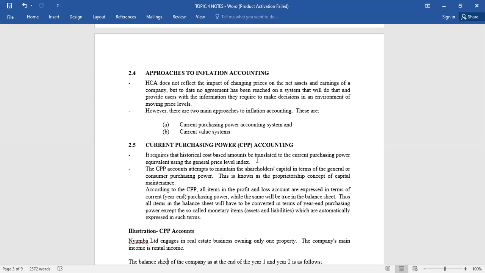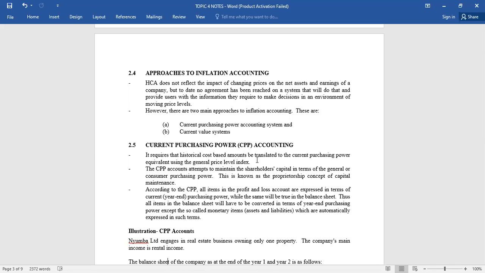That is why HCA has been retained. However, we have two approaches that try to explain this. The two main approaches are inflation accounting, where we have the current purchasing power, and what we call the current value system. And I want us to start with the current purchasing power accounting.